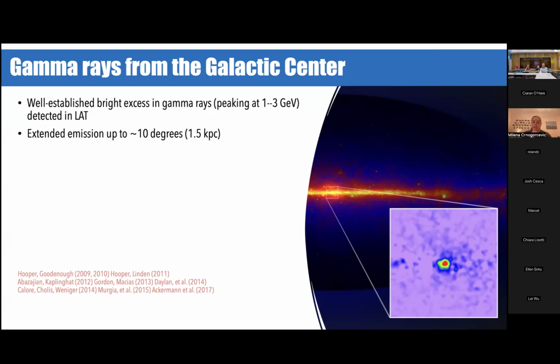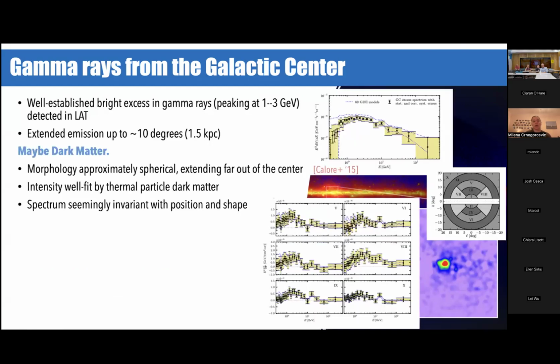Its emission is extended, and it extends up to 10 degrees or 1.5 kiloparsecs, which to someone may look like a good explanation for potentially having a dark matter signal coming from the galactic center.